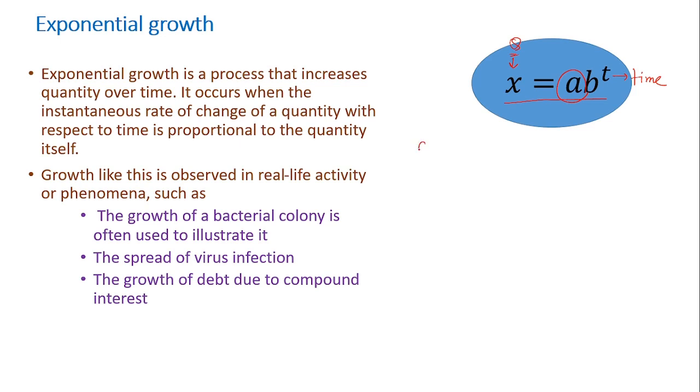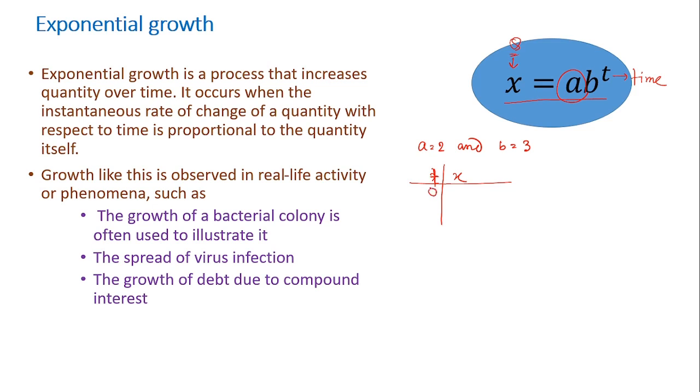Let us consider a equals 2 and b equals 3. Now we find out some values of x for the given values of t. For this we can draw a table here, with the value of x and the value of t.